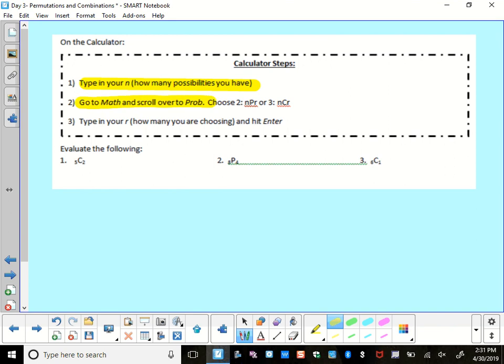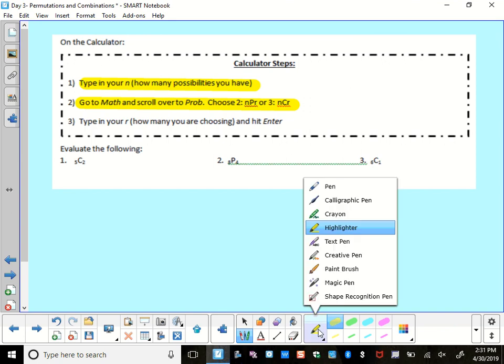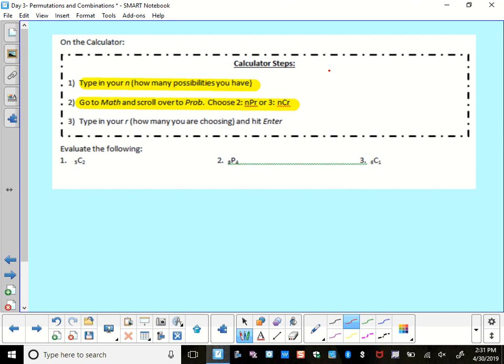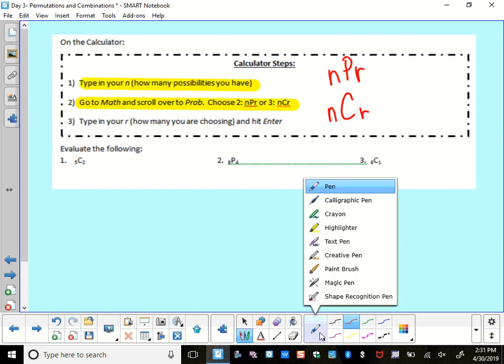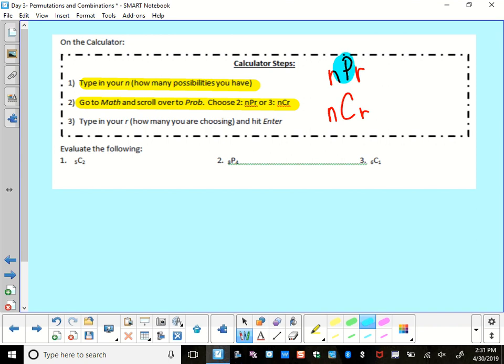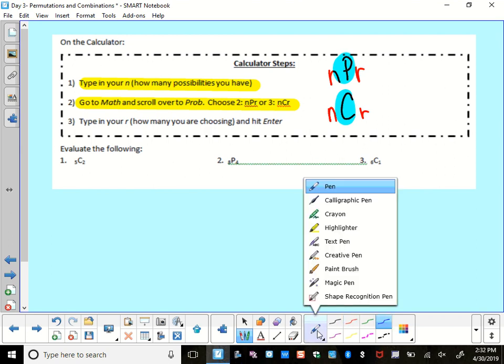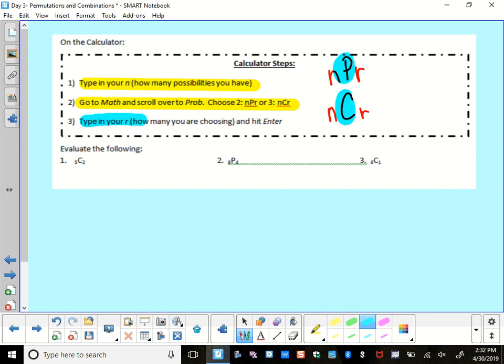The next step is to go to math, scroll over to probability, and choose either nPr or nCr. Do you guys see the difference between nPr and nCr? Well, one is permutations, one is combinations. So we have to figure out which one we're going to use in these word problems. The last number is the number that we're actually choosing.